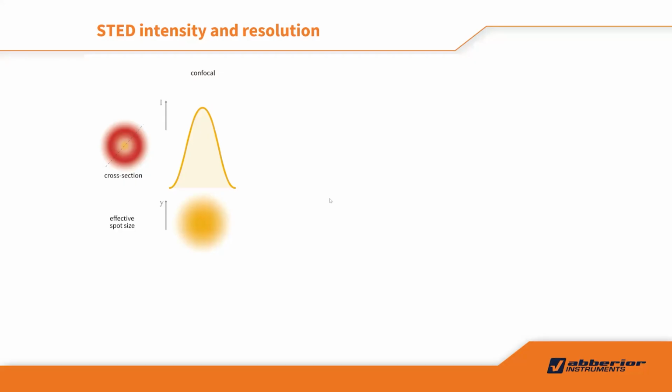This slide is called STED intensity and resolution. In a normal confocal microscopy, we have a Gaussian illumination pattern. As you can see here, it's a Gaussian pattern. Due to the diffraction barrier, the diameter of that pattern, the smallest one, is 200 nanometer. Practically, it's 230, 250, right? You can do nothing with it.